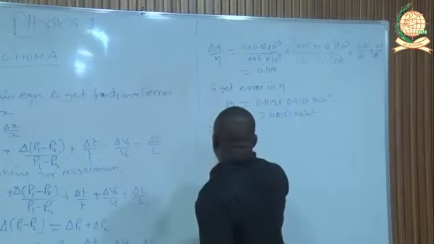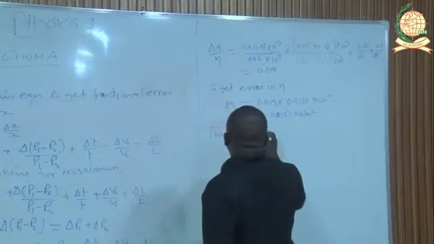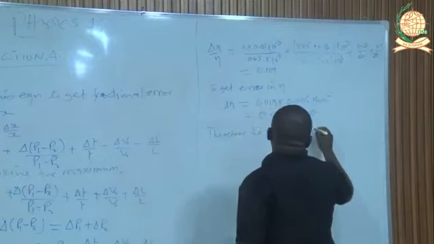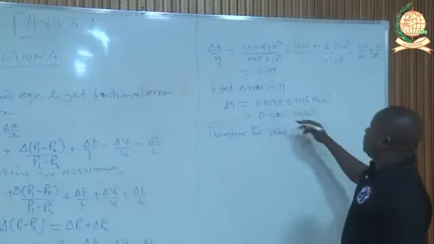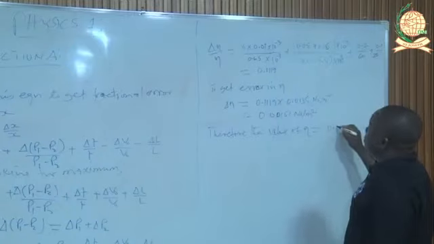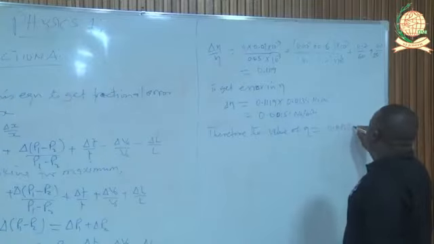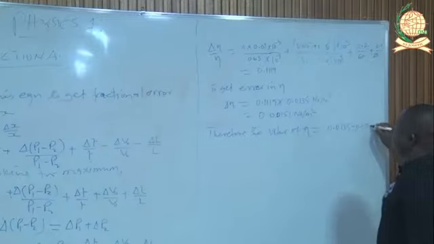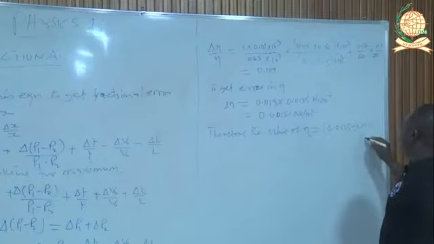Therefore, the value of eta is equal to this value, which is 0.0135 plus or minus its stated error, which is 0.00151, all of this in Newton second per meter square.